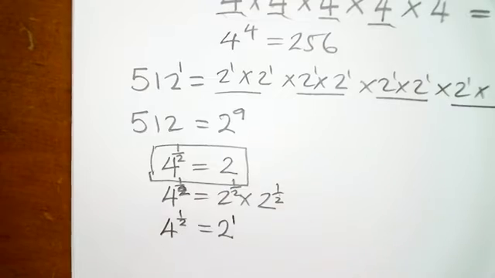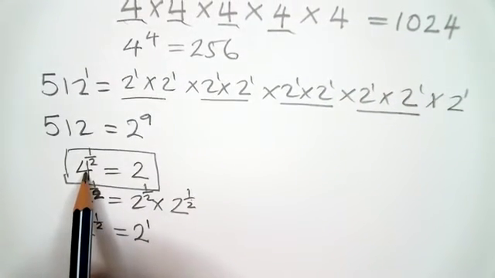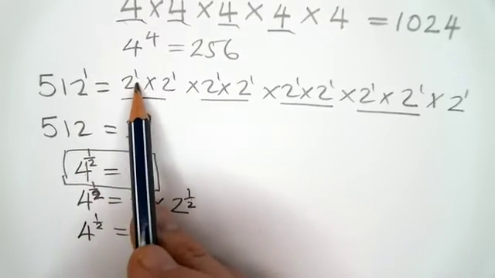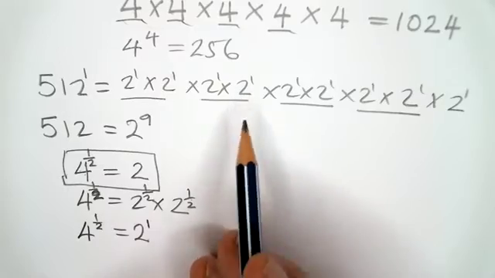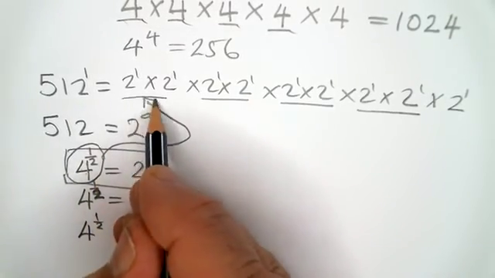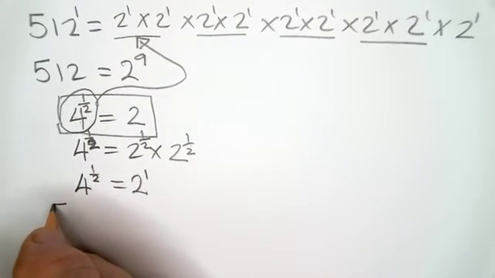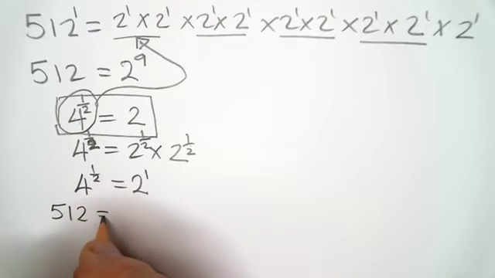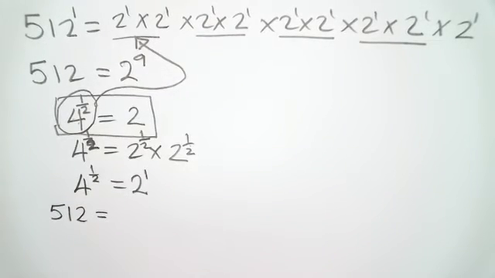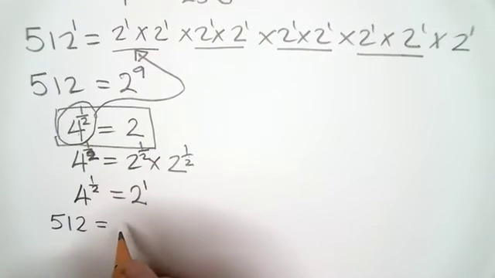But let's go ahead and do some substitution now, because now we've got a power of 4. And we know that 2 is equal to 4 to the power of a half. So instead of writing 2s in here, let's write 4 to the power of a half in each of those places. So let's have a look at that. So that's 512. By the way, you'll notice I'm doing this in excruciating detail, so you really get the idea and the point. You don't have to do it like this, but this is just a way of thinking it through to get you to that place.